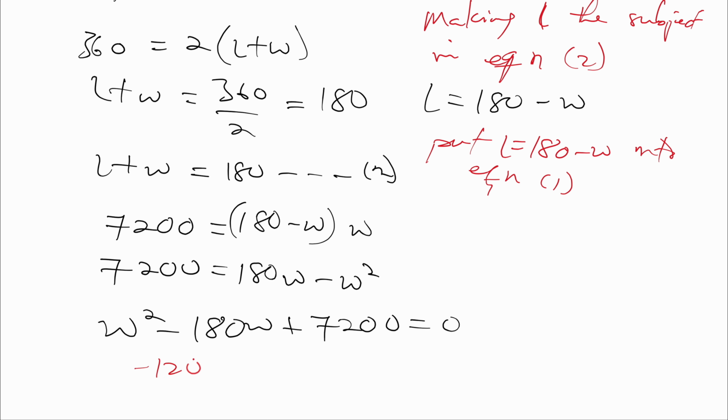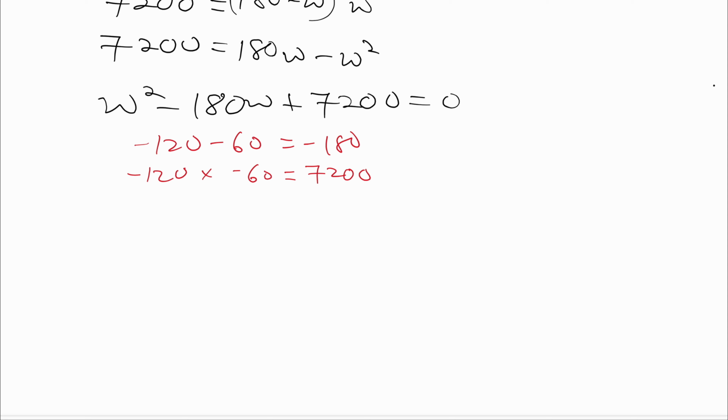Minus 120 minus 60 gives minus 180, and minus 120 times minus 60 gives positive 7200. So the equation becomes W squared minus 120W minus 60W plus 7200 is equal to 0.